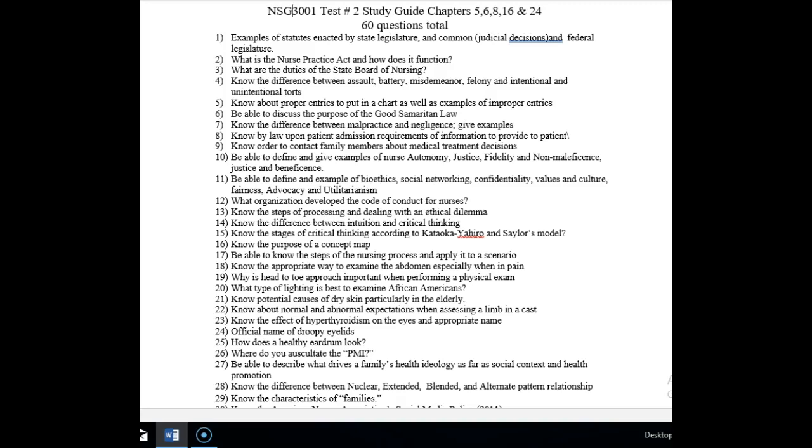Malpractice is something like, for instance, when you're doing something that you're really truly not supposed to be doing because it's totally out of your scope of practice.